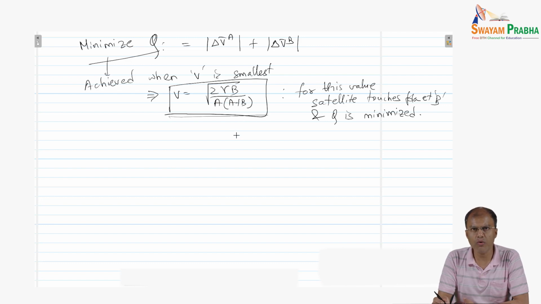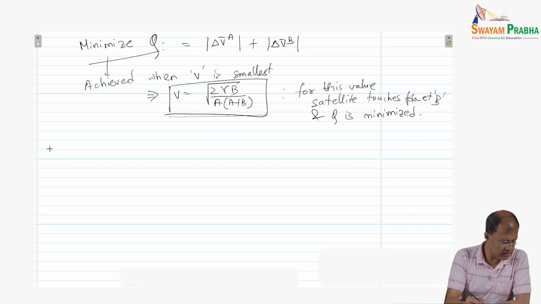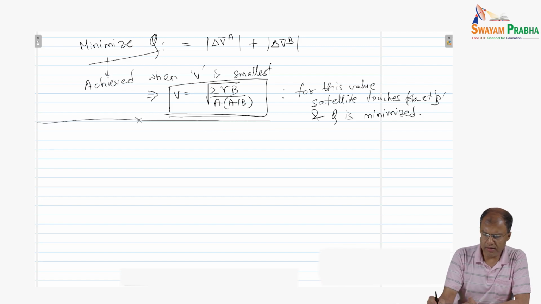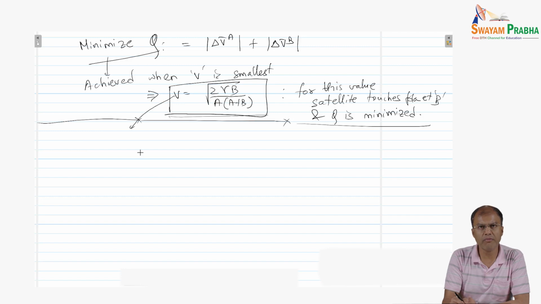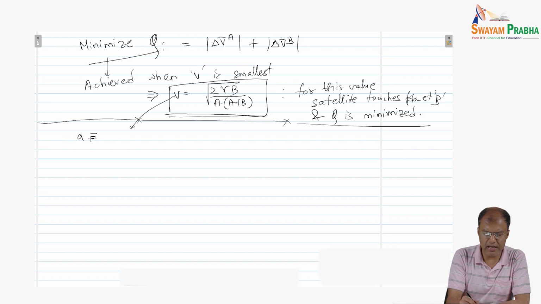But I just want to do a little bit of post processing of this result. Let us see what I just mentioned. What we have got here is, when this orbital speed is achieved, this is only possible when the semi-major axis A becomes equal to a plus b by 2, right?